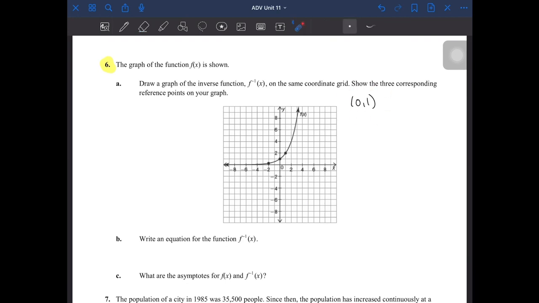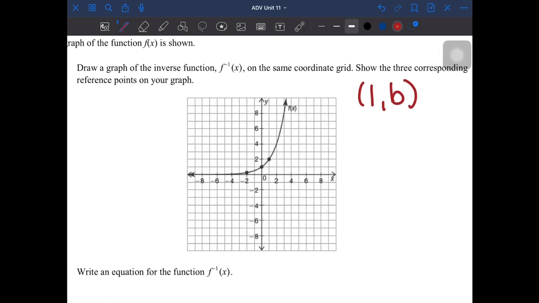So that's why if there is no up and down, left or right transformations, this point is going to be on the graph. Okay. Now, the other thing we have to keep in mind is if you look at (1, b), that's going to tell you your base. So if I come over to this graph, I'm going to go over 1, and I see where that point's at. So this point right here is at (1, 2). This is telling me my base. Okay, so my base is going to be 2.